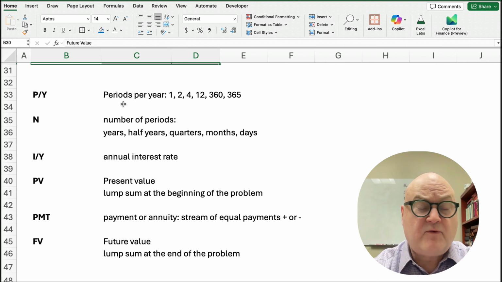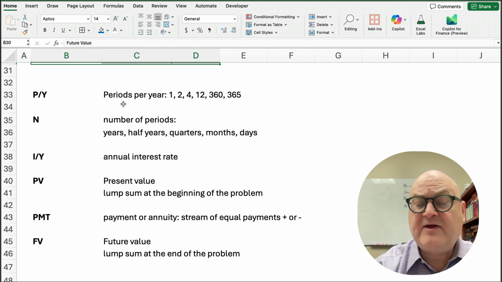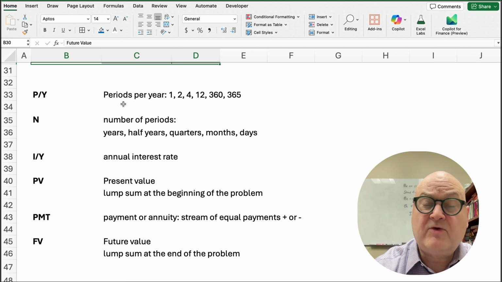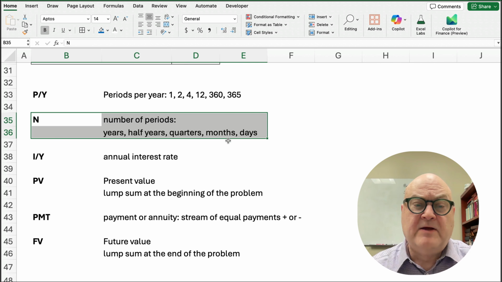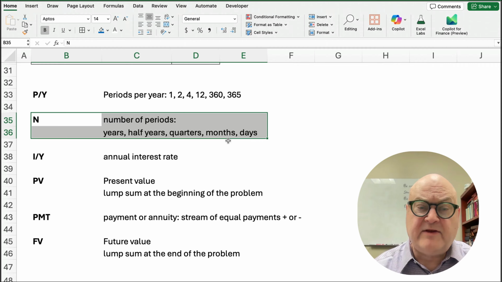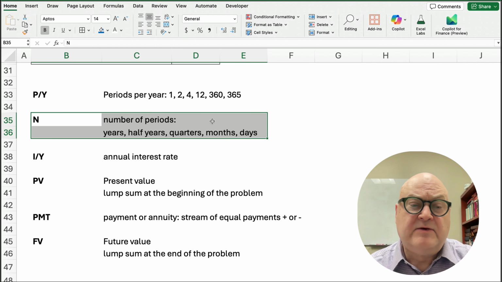And then there's 2 different ways to calculate the number of days. Some loans would use 360 days, some use 365 days. So in the fine print, you need to know, is this compounded 360 days or 365 days or annually, monthly, and so on. Then once we have that, we need to figure out how many periods we are talking about. Well, if it's 5 years monthly, that's 5 times 12, so we record 60 months.